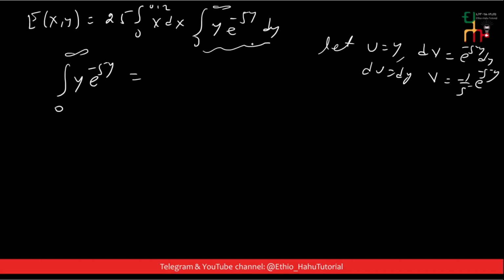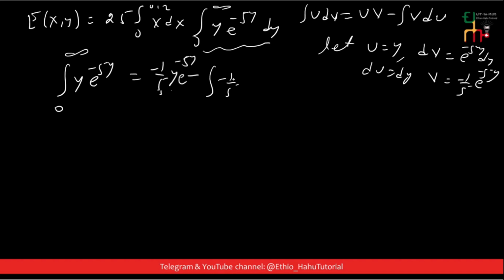So the integral of u dv is u v minus the integral of v du. Here u v is minus 1 over 5 y e to the power of minus 5y, minus the integral of v, which is minus 1 over 5 e to the power of minus 5y.